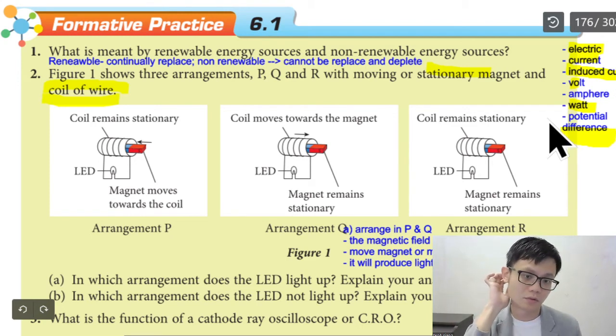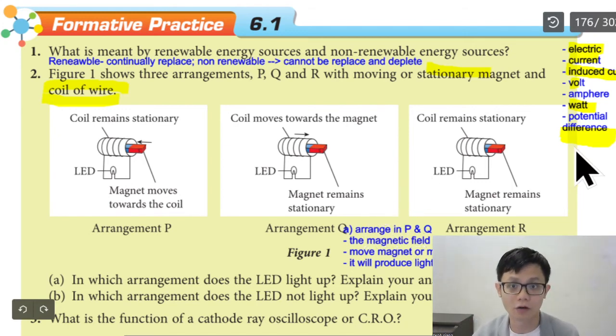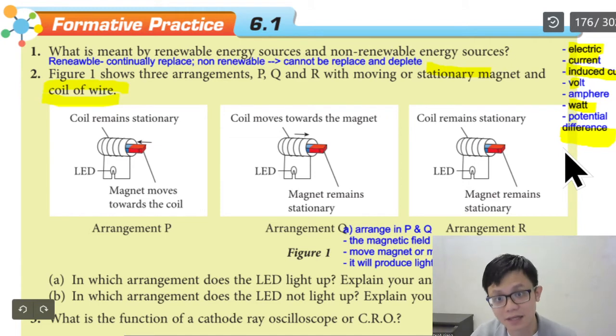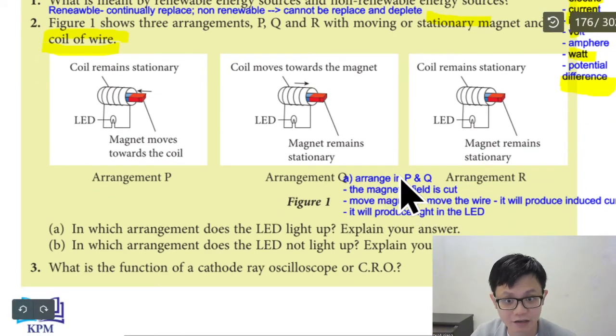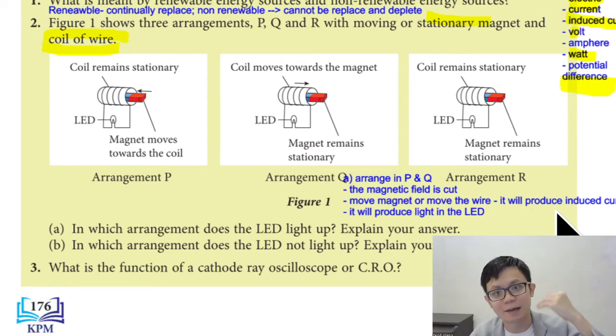So in science, electric has a lot of meanings. We want to be more precise about the meaning of the word. That is why they say when arranged P and Q, the magnetic field is cut, you move the magnet or move the wire, it will produce a current. Current means something that can flow forward.